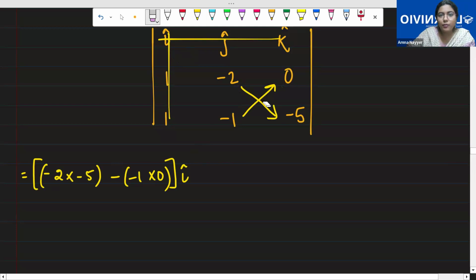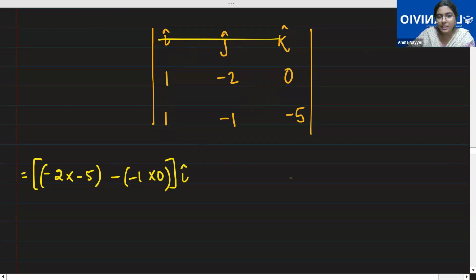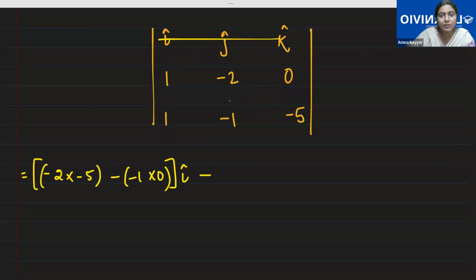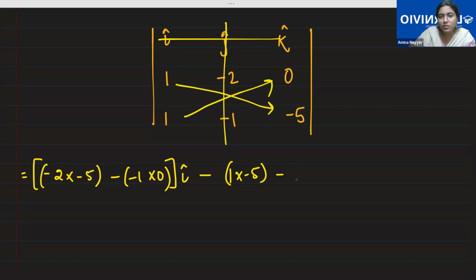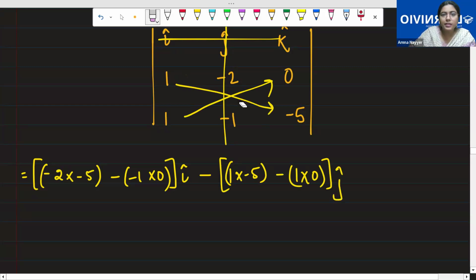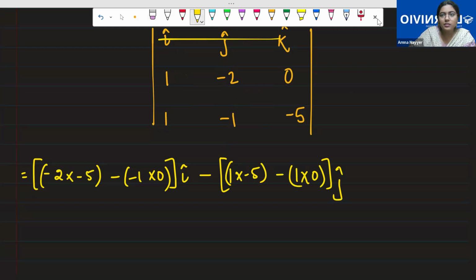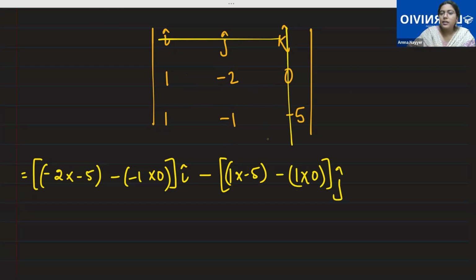Then for j cap, what do we do? For j cap, there is an exception that we write minus, we don't add. And we cut the j cap's column and row. I hope you all have done all these things in class 11. Now 1 multiplied by minus 5, minus 1 multiplied by 0. The k cap row we'll now cancel.